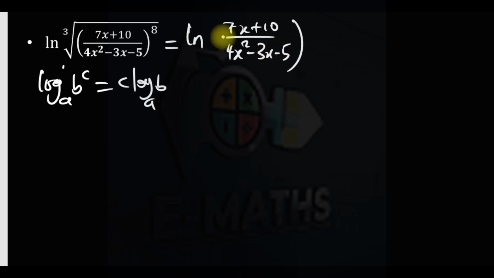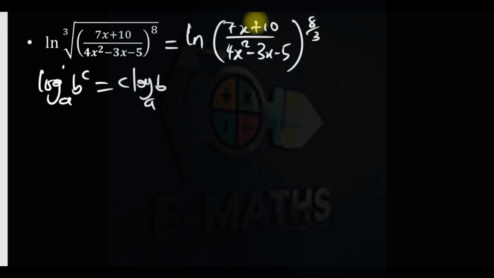So I'm going to use it here, because I can write this as ln of 7x plus 10 over 4x squared minus 3x minus 5, all raised to the power of 8 over 3.